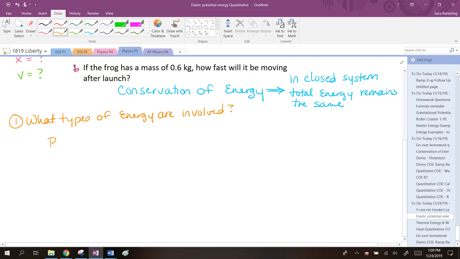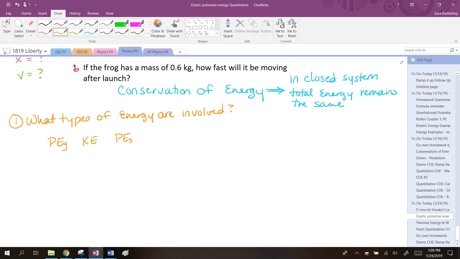We know about gravitational potential energy. We know about kinetic energy. We know about spring potential energy. Do we know about any other kinds of energy yet? We're going to do one more today, but I think those are the three we know about. Of those three, which ones are involved? It might be one, it might be two, it might be three.